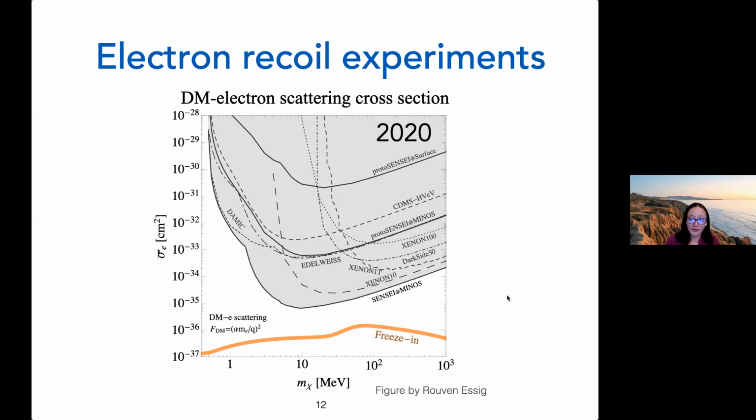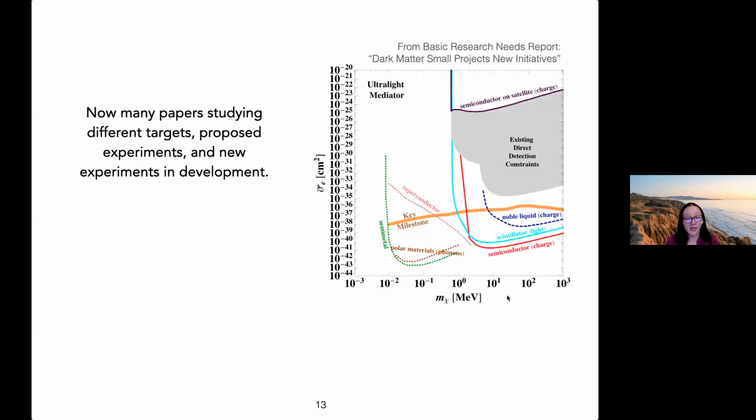Okay, so there are a lot of promising developments, and at the same time now we need to understand the rates in these experiments. There are many different papers studying not just semiconductors, but polar materials, superconductors, semi-metals, scintillators, and so on.